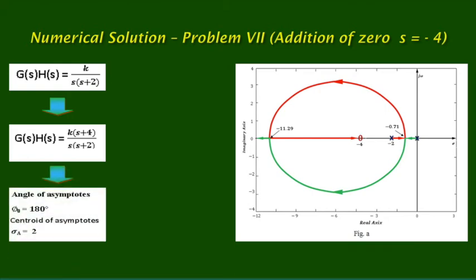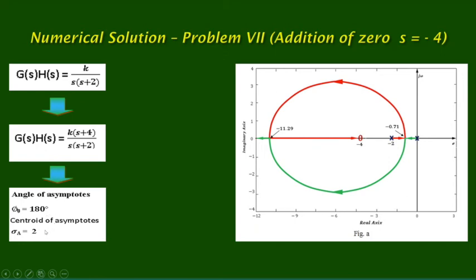Then find the angle of asymptote. The number of asymptotes is P minus Z, that means 2 minus 1, which is 1. So we calculate one angle of asymptote. If q equal to 0, then we get phi 0 equal to 180 degrees.